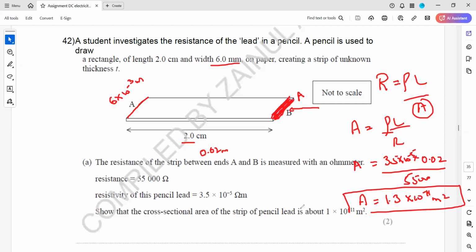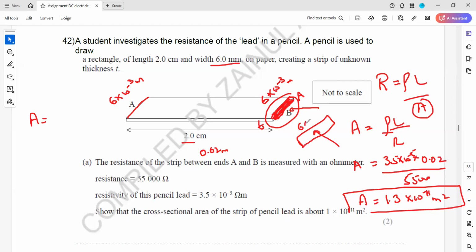What if in the same question they ask us to find the thickness? So how will we find the thickness? We know the width is 6 × 10^-3 meter and the thickness is unknown. So area, it's a rectangle, will be width multiplied by thickness. I'll not take 2 cm, I'll take only this, because for the cross-sectional area this is the dimension I need.